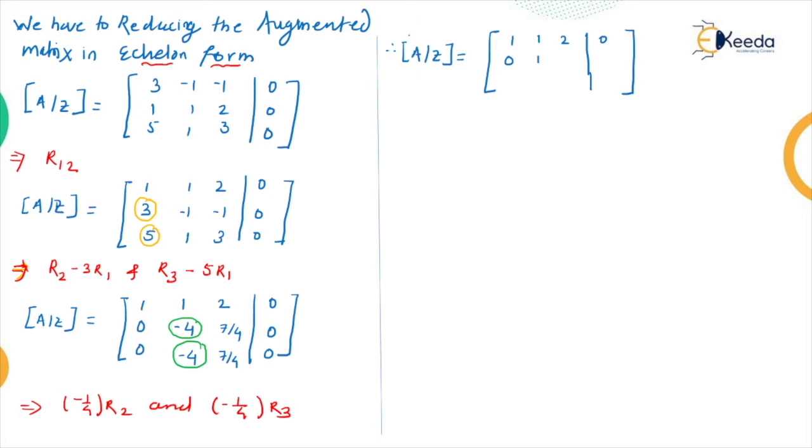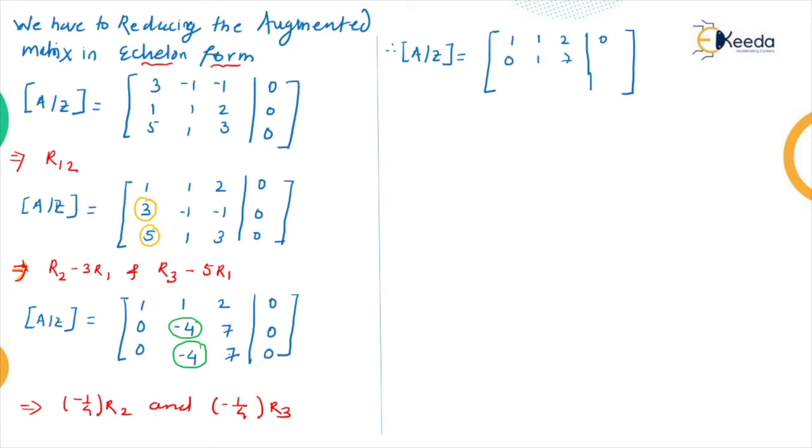So clearly nothing changes in the first row. After this transformation, you will get 7/4 here. This is a 7 and this is also a 7.